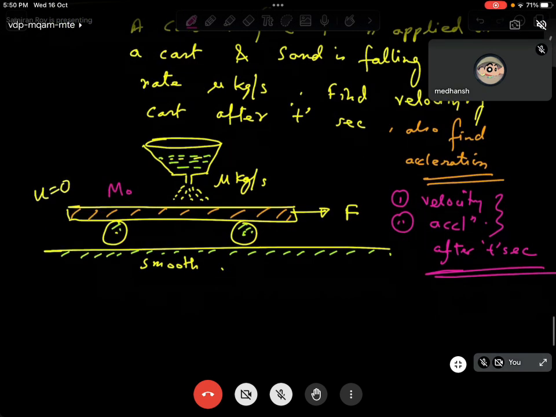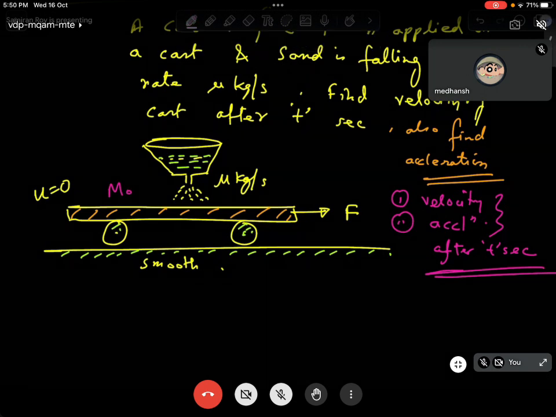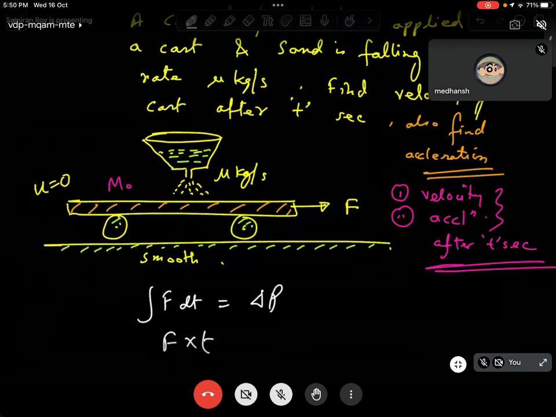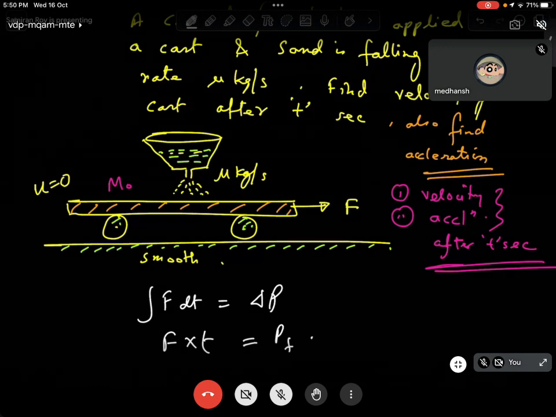Yeah, correct. So you do impulse momentum method. Integration of F dt is what? Change in momentum. Not ma, Ft divided by m naught plus mu t. P final minus P initial. P initial is 0.